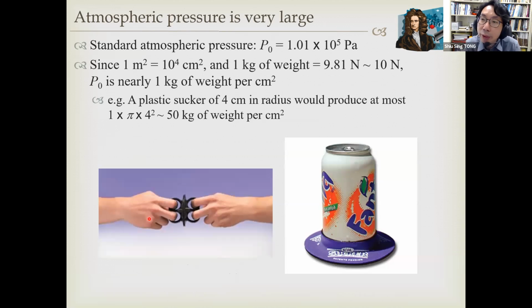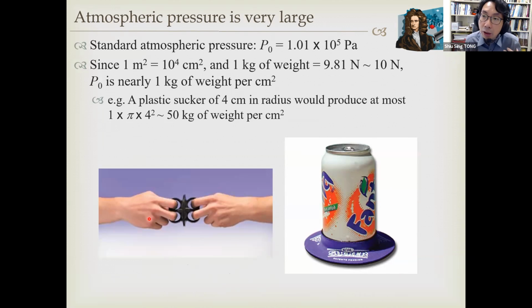Now, atmospheric pressure is huge, okay? It's very large, actually. And we are constantly under the pressure of the atmosphere, although we do not notice it because our body has become accustomed to this pressure. Also the inside of our body is filled with air, and we also have atmospheric pressure inside.